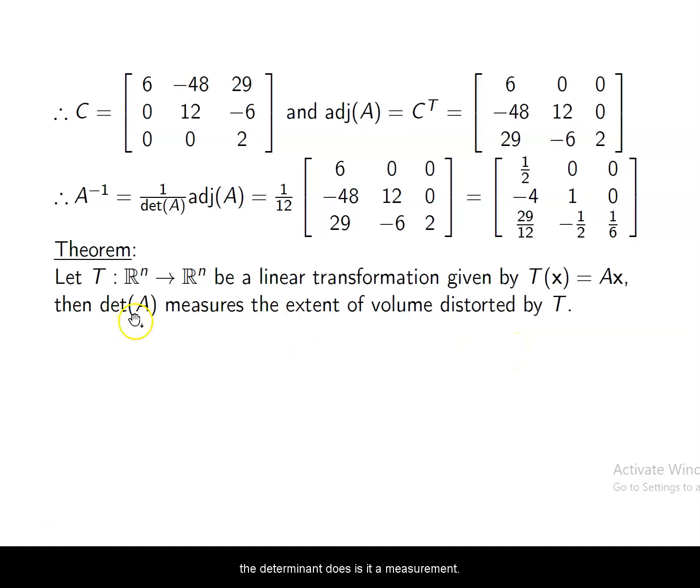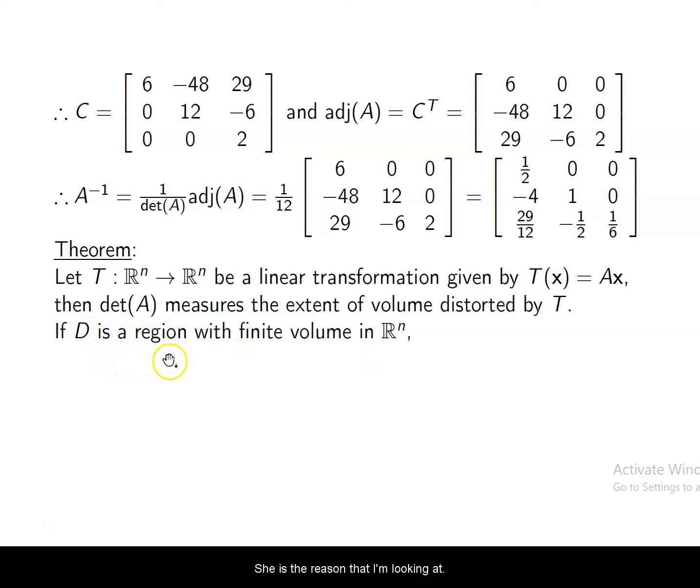So what the determinant does is it's a measurement of the extent of distortion. It's very important actually. We'll talk later on in chapter 4.4 about another sort of distortion, but instead of distorting our vectors, we're going to distort the manner in which we measure our vectors. So it's a little bit different, but closely related to transformations.